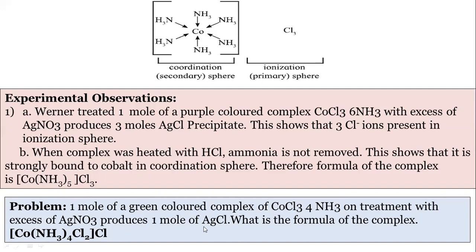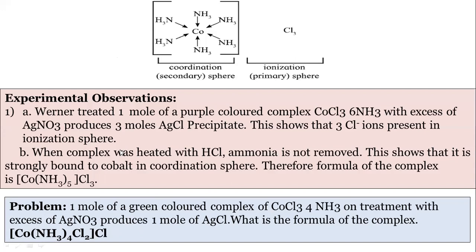The number of moles precipitated will be outside the square bracket, and the remaining will be inside the square bracket. Inside the square bracket is the coordination sphere, also called the secondary sphere, and outside the square bracket is the primary or ionization sphere. It will be ionized.